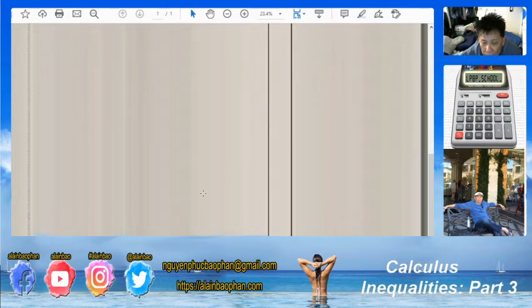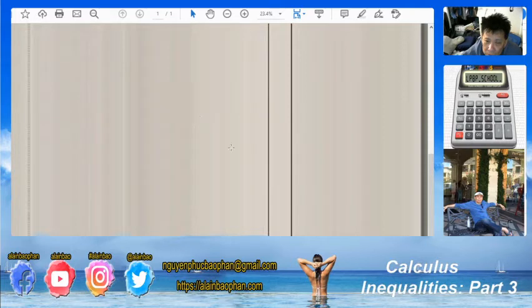Since the foci lie on the x-axis, the left focus has coordinates minus c, 0, and the right focus has coordinates c, 0. It also has the asymptotes y equals minus b over a times x, and y equals b over a times x.